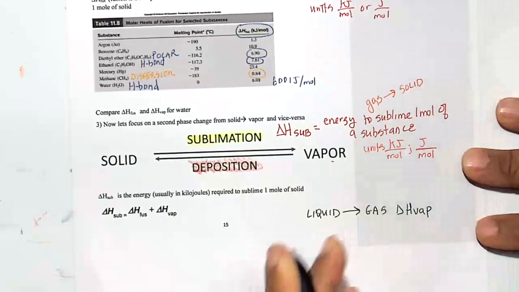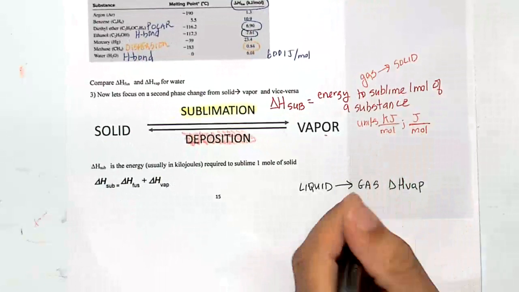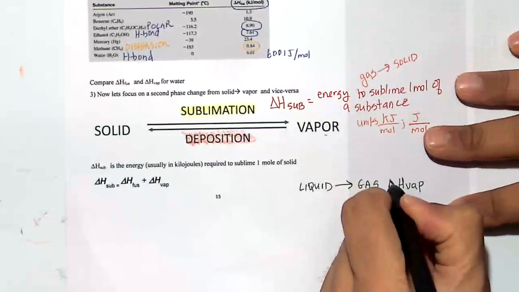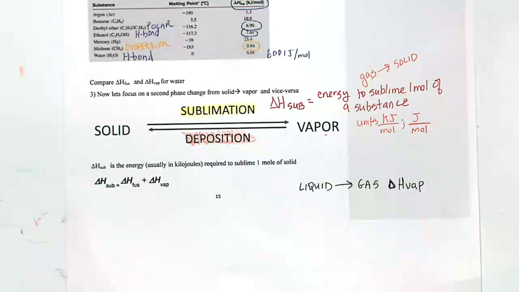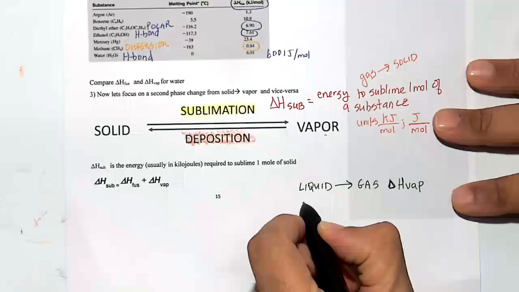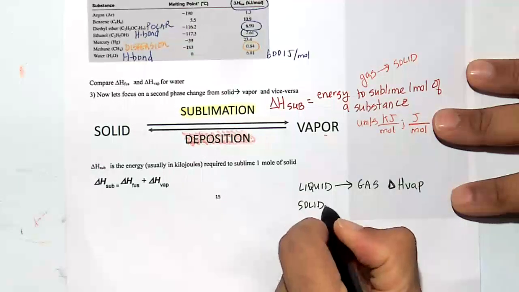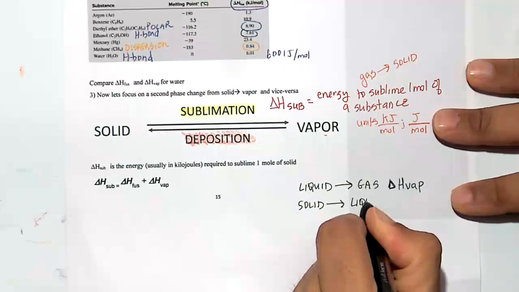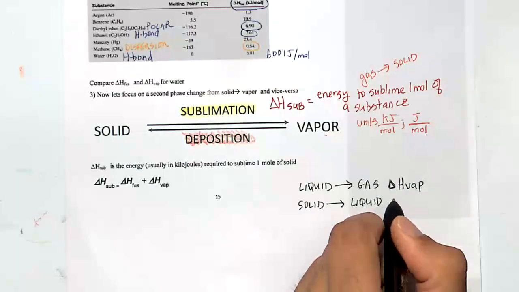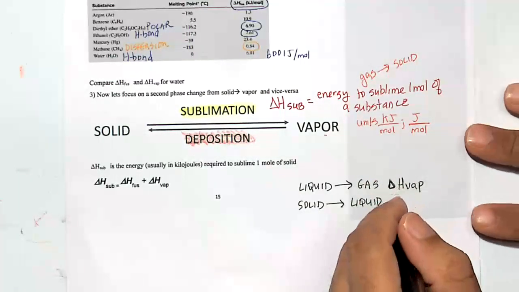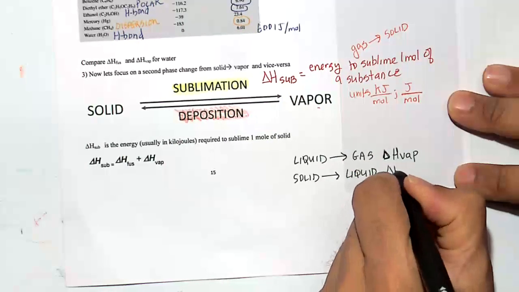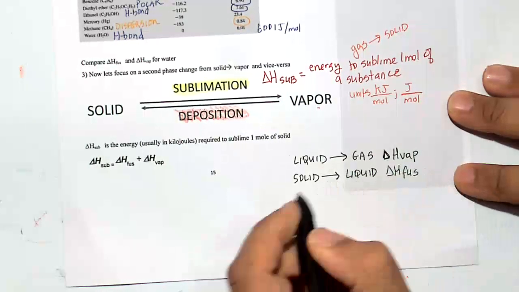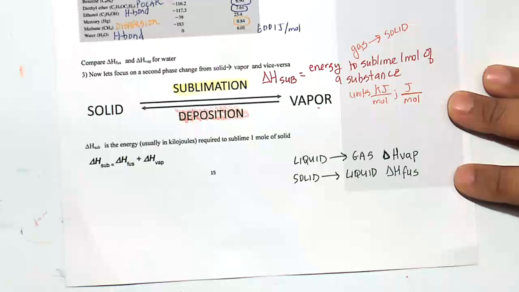The energy to vaporize 1 mole is delta H vaporization. What is melting? What is fusion? A solid to a liquid. And what is the energy required to do that? Not delta H vaporization, but fusion.